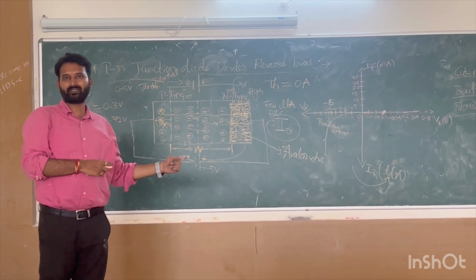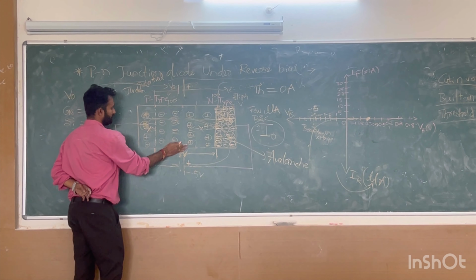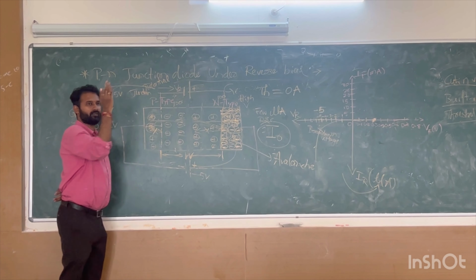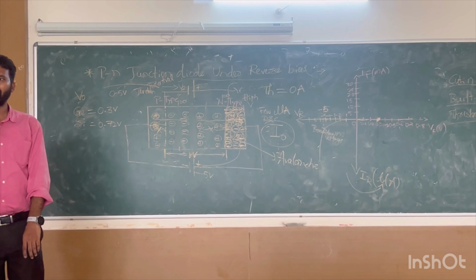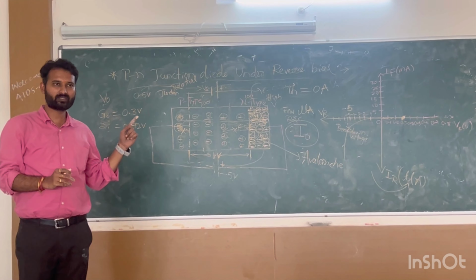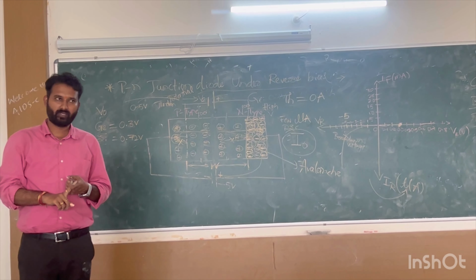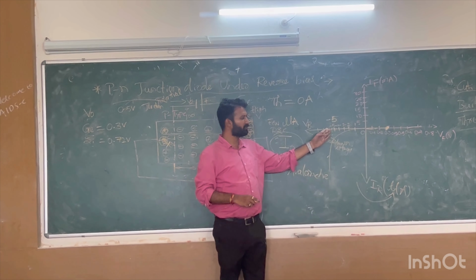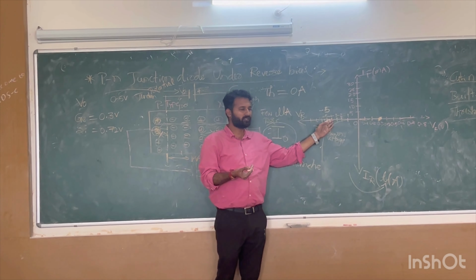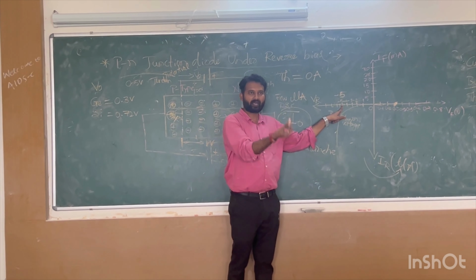Now this avalanche of electrons is responsible for breaking the junction. At a certain voltage, it may be -5, it may be -4, the junction is going to break. That voltage is called the breakdown voltage. Keep in mind, at a certain reverse voltage, the junction is going to break.